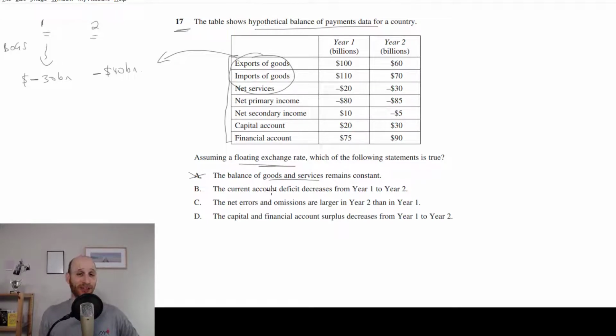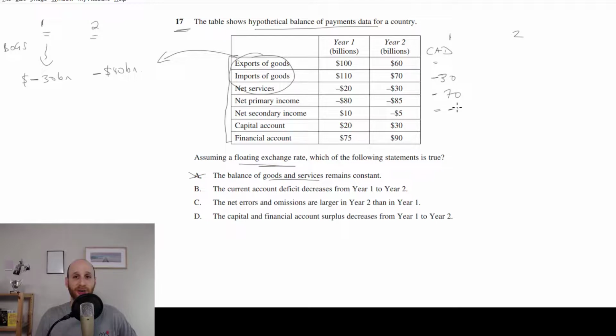Okay, I thought they would ask us this. The current account deficit decreases from year 1 to year 2. Okay, so if we go year 1 and year 2, and we're looking at the CAD. So we know that the BOGS is -30. And then we know that net primary income and net secondary income is going to give us -70.